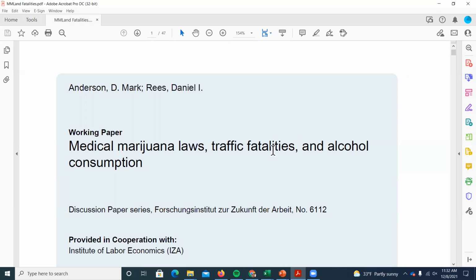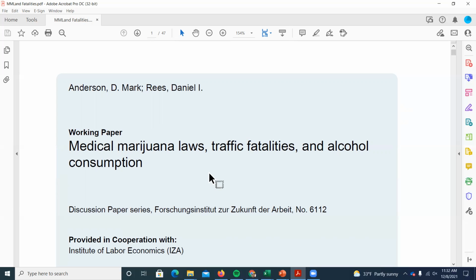The one that they're going to focus on is, are alcohol and marijuana substitute or complementary goods, which is kind of a funny way to think about it, but maybe they really are substitutes, or maybe they're complements, right? After legalization, maybe you see an increase in the use of both, or maybe, because marijuana is now legal, you see a decrease in the use of alcohol, right? They're substitutes.